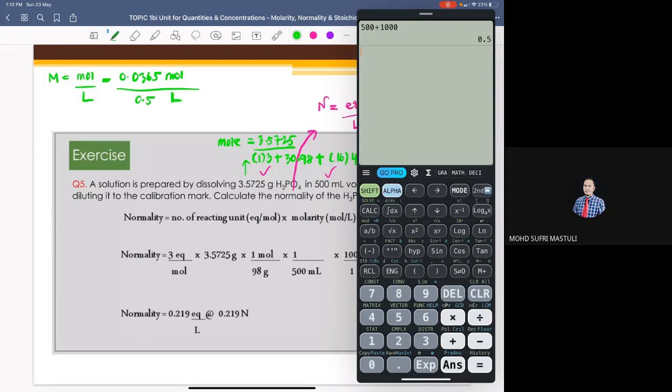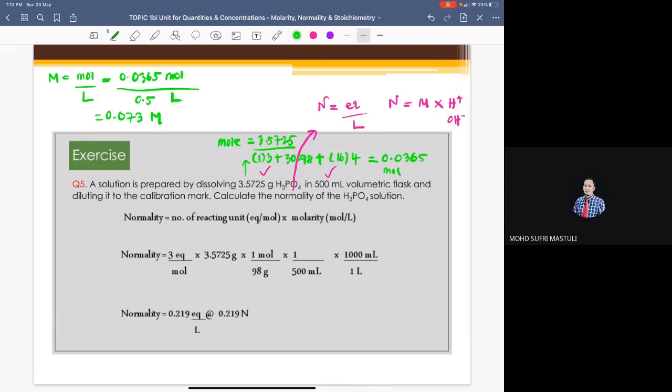So 0.0365 divided by 0.5, it's 0.073 molarity.